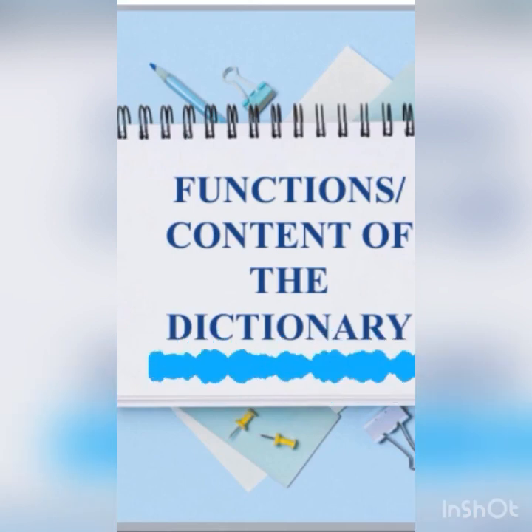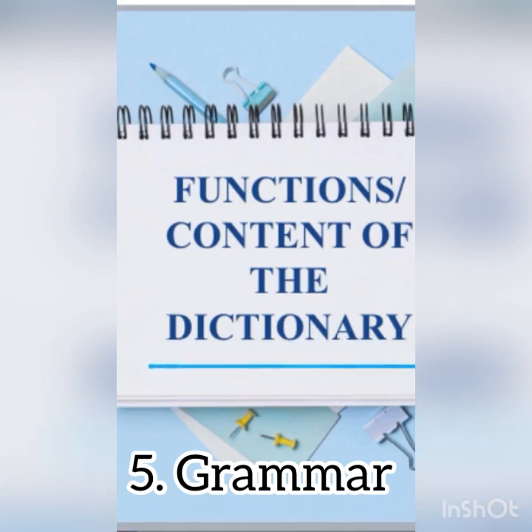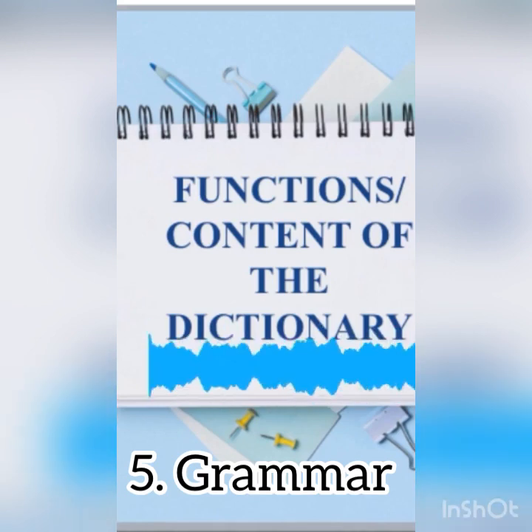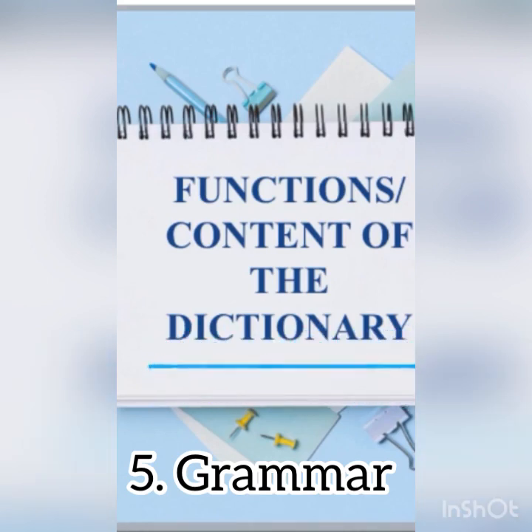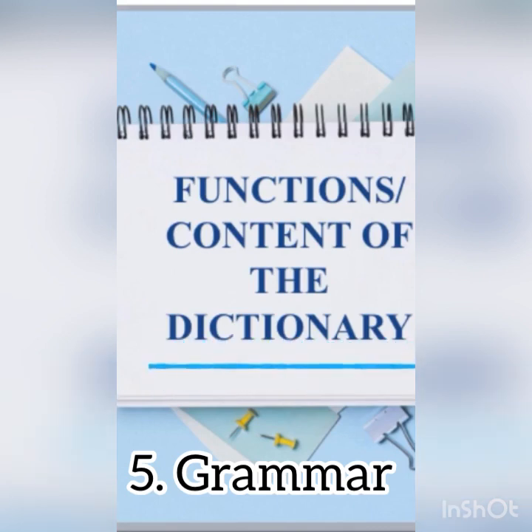Let's look at the fifth function of the dictionary, grammar. A dictionary would provide information on the grammar, and the grammarians are in charge of this. The grammarians will tell you that COIFFED, coiffed, is the past tense of the verb COIF.